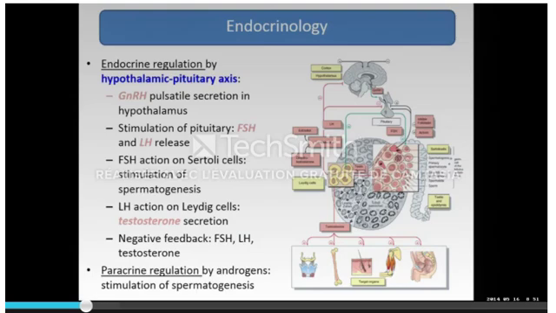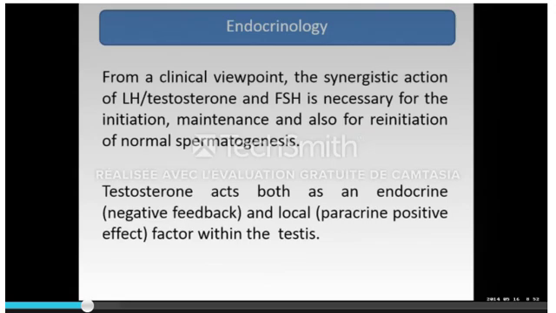Just as a reminder, from a clinical viewpoint, the synergistic action of LH and testosterone and FSH is necessary, is mandatory, I would say, for the initiation, the maintenance, and also for the reinitiation of normal spermatogenesis in case it is disrupted.